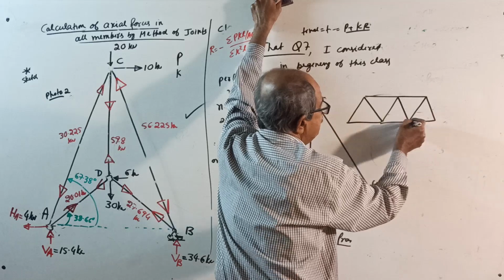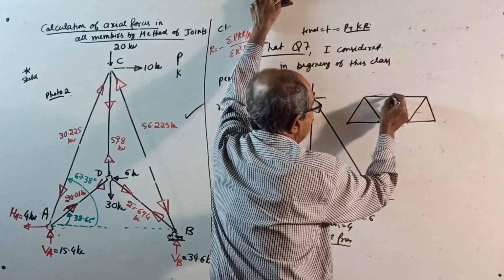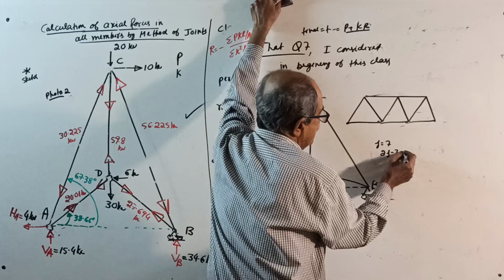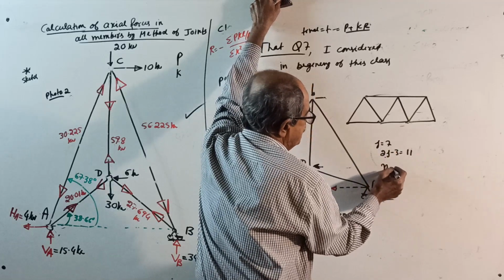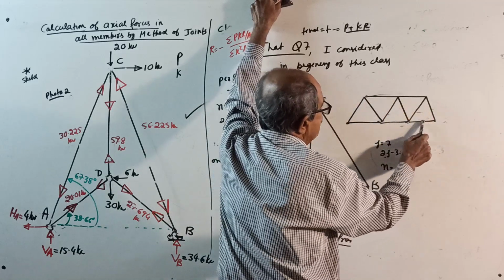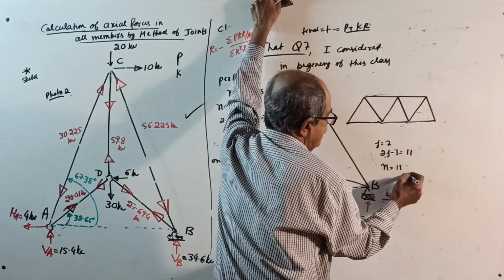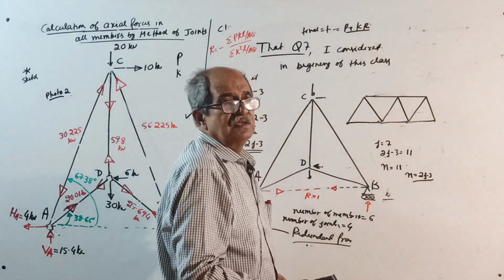Add one more, perfect frame. Why? See, 1, 2, 3, 4, 5, 6, 7. Number of joints is 7. 2j minus 3, 2 into 7 is 14, minus 3 is 11. Number of members here: 1, 2, 3, 4, 5, 6, 7, 8, 9, 10, 11. Correct. n equals 2j minus 3.